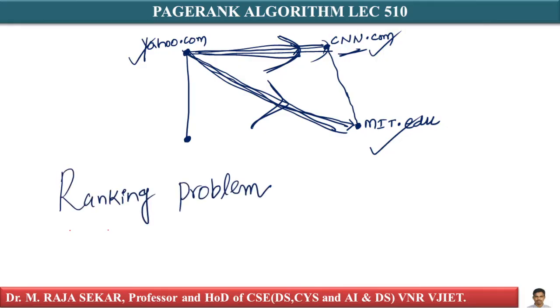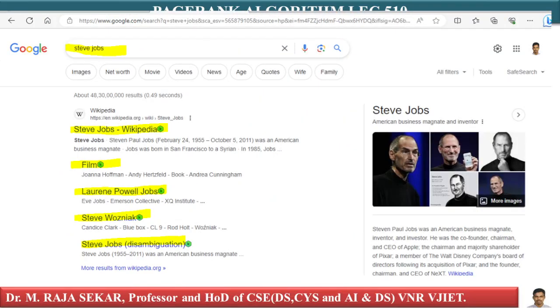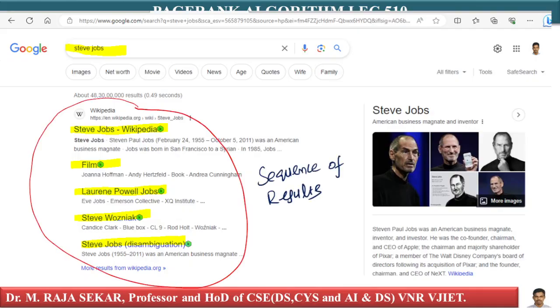Which pages are more important when you Google search? When you type some term, let me say I type the term Steve Jobs, and press enter, you get a sequence of results.